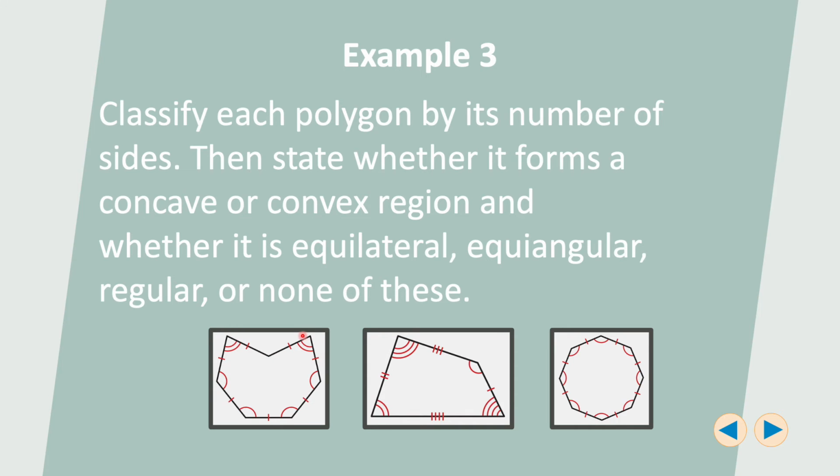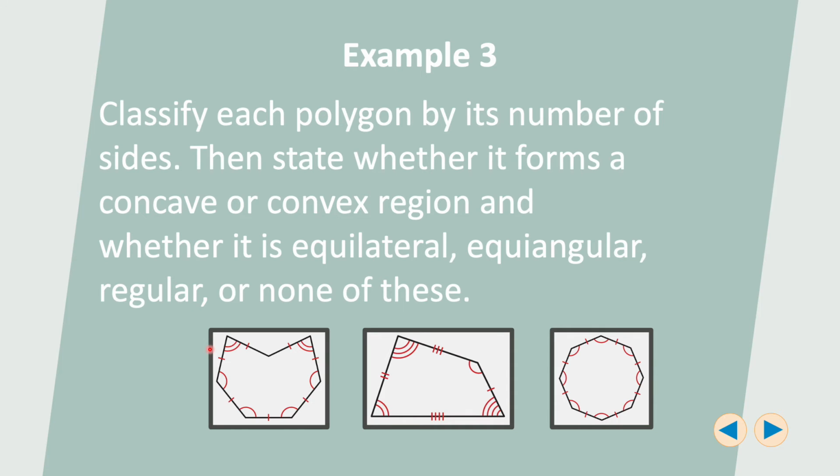These are not congruent. So even though the sides are congruent, the angles are not. So this is not a regular polygon. It's equilateral. Okay, I have the tick marks on all of the sides, but it's not regular.